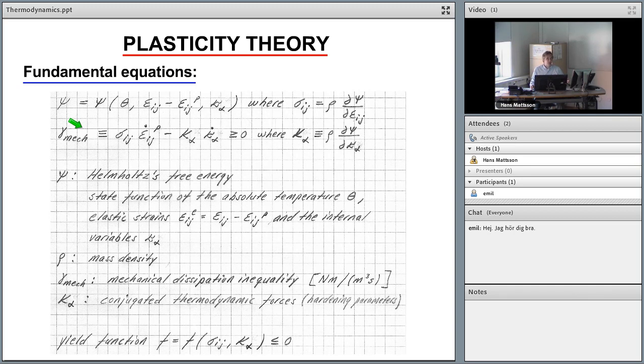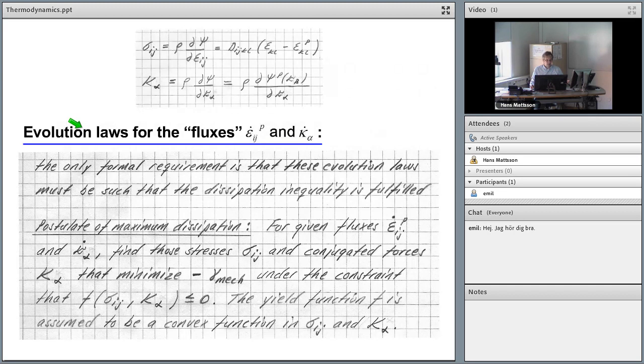It's just a trick to use minimization methods. The yield function f is assumed to be a convex function in sigma EE and the hardening parameters. And by now you understand that the yield function must be convex, otherwise it wouldn't work.